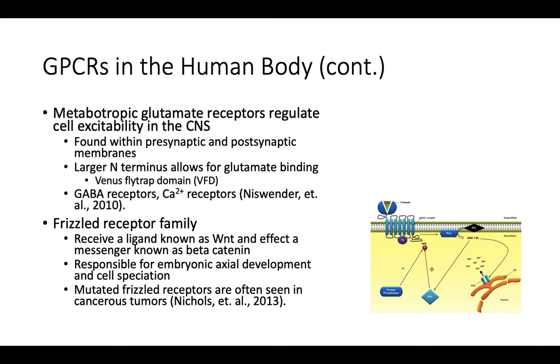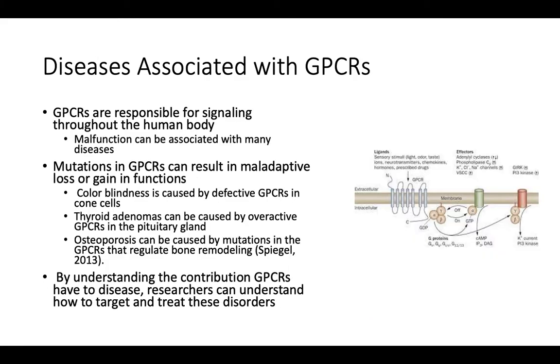Another important thing to note is that in adults, these frizzled receptors can still be active, but often they are somewhat harmful. They're often seen in cancerous tumors such as breast cancer and prostate cancer, which are genetically linked. So if you're genetically predisposed to those kinds of mutations, it's definitely important to be checked.